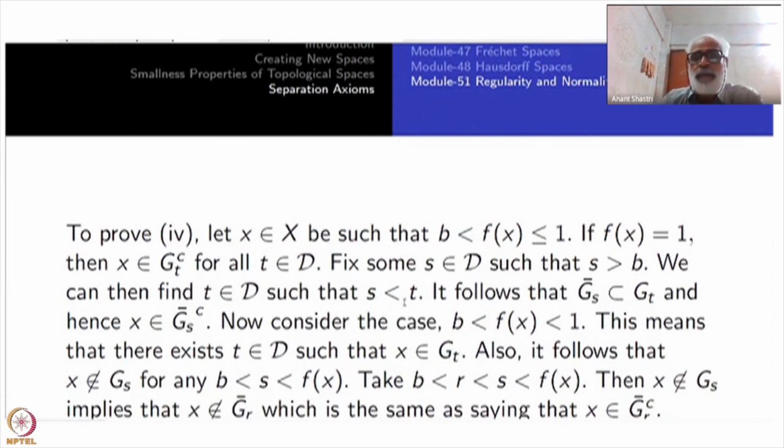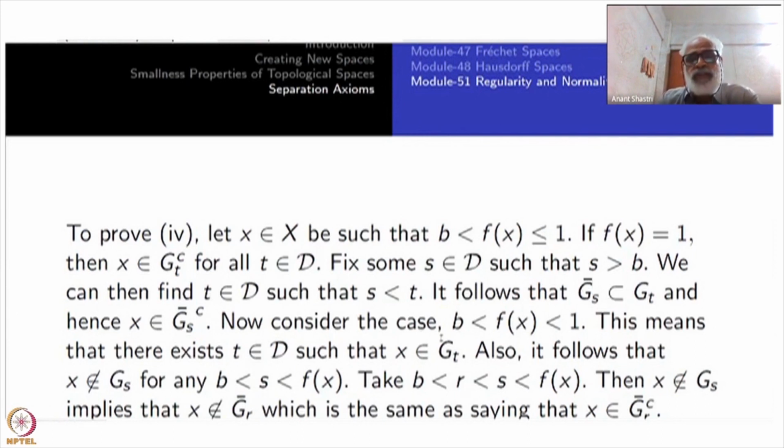That is again density of D. So I can choose b less than s less than t and t less than or equal to 1. It follows that G_s bar is contained inside G_t. This was the choice, property 2, right? And hence x is inside G_s bar complement. Okay, x is in G_t complement, and G_t complement will be contained inside G_s bar complement.